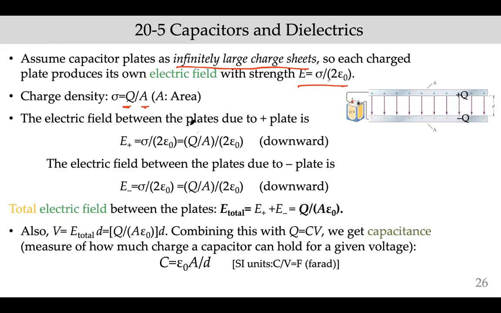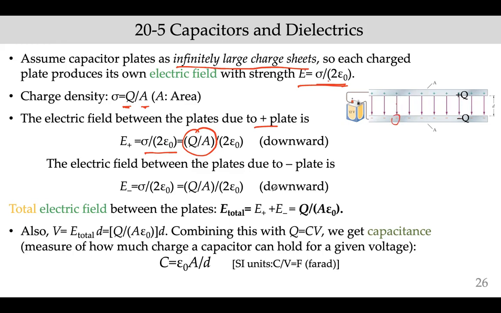So the electric field between the plates due to this plus plate will be in the down direction, and the amount will be sigma divided by 2 epsilon 0. And of course, sigma is by definition Q divided by A. Now the negatively charged plate will, in the middle region, create electric field towards itself because it's negatively charged.